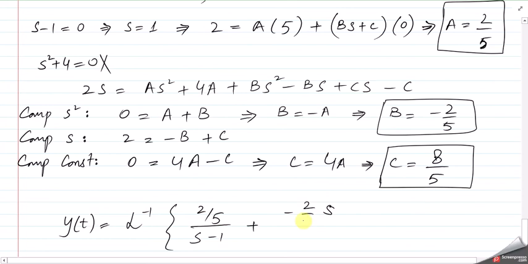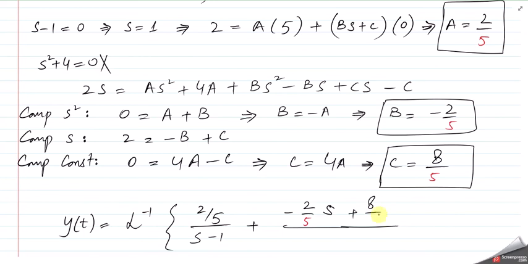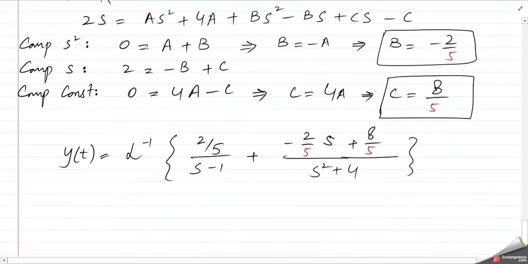I'll start using 5 with a different color for now, so that you are not confused. So this is 5 and that is s. Over bs plus c, plus 8 over 5, over s square plus 4.